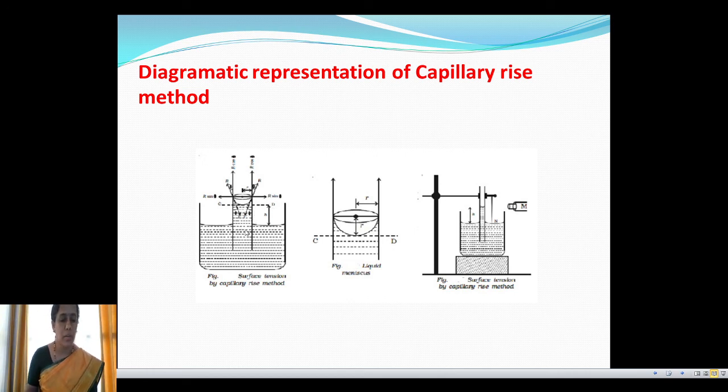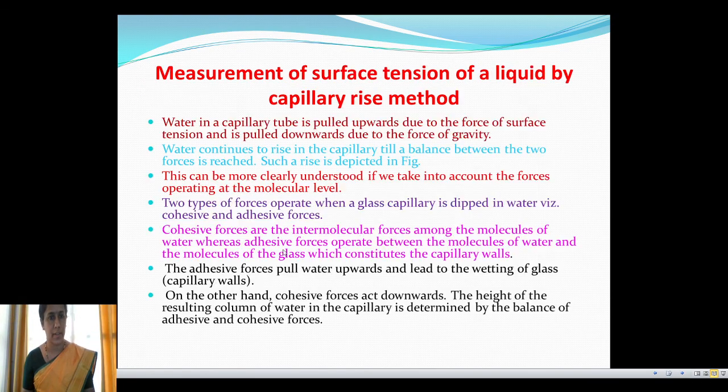This phenomenon is a consequence of surface tension and is applied to the determination of surface tension of liquids.